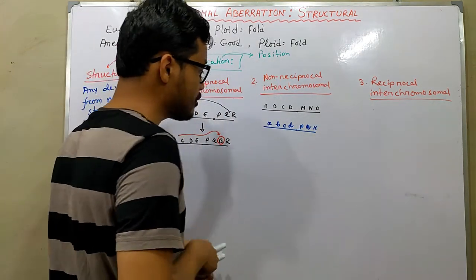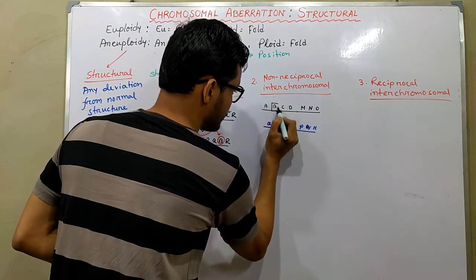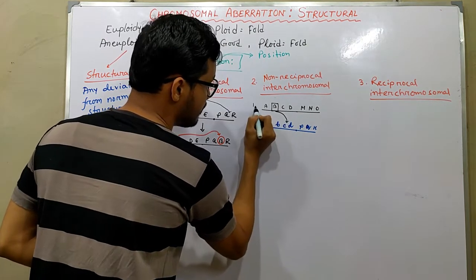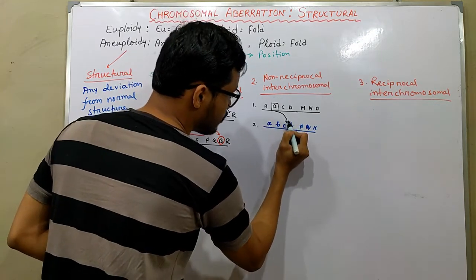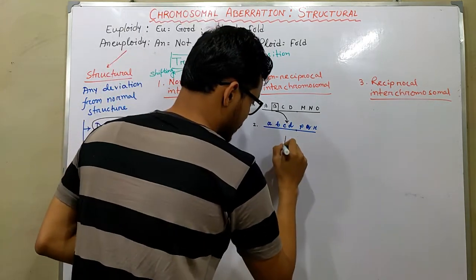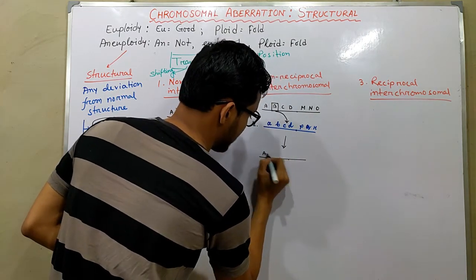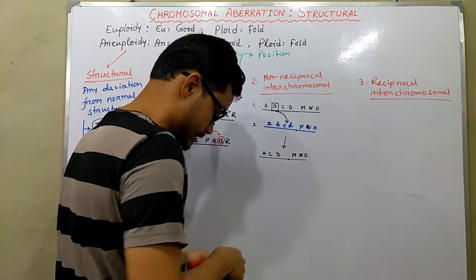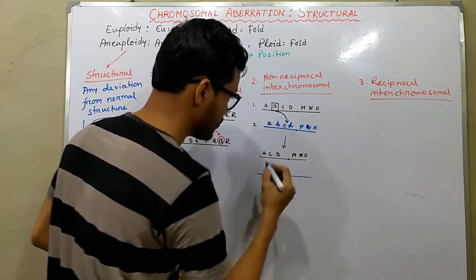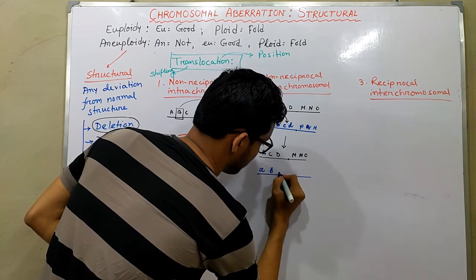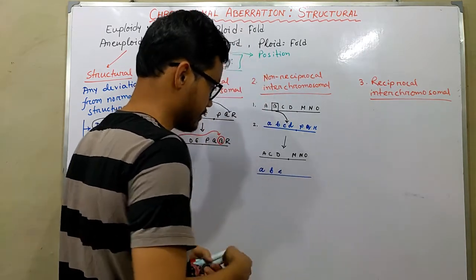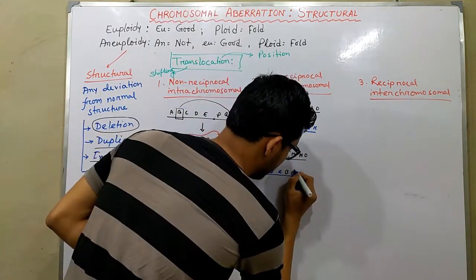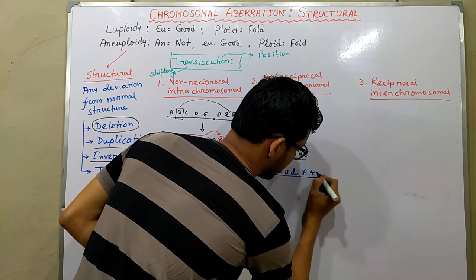Let's assume that this B section is translocated from chromosome number 1 to chromosome number 2, into between C and D. So in the first chromosome we have A, C, D, then M, N, O, and in the second chromosome we have A, B, C, then B, our translocated section, then D, then P, then Q, and then R.